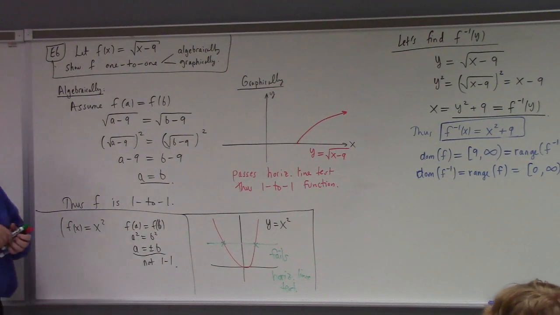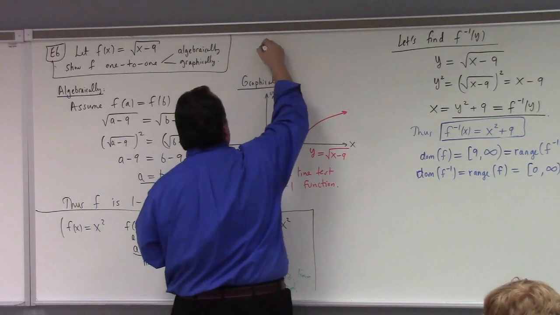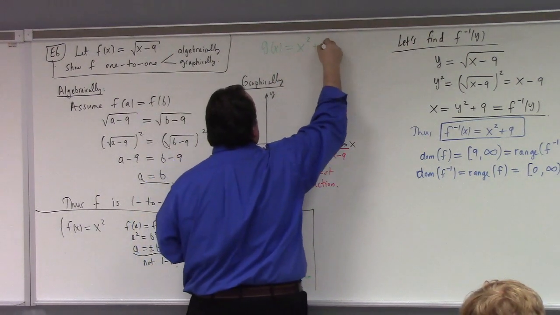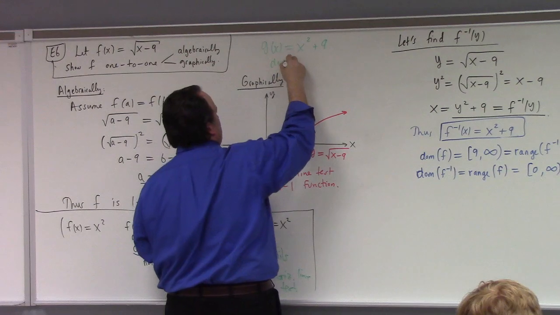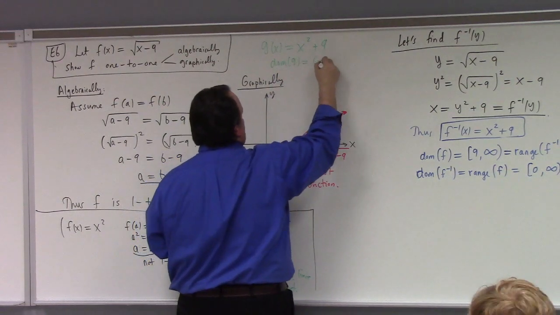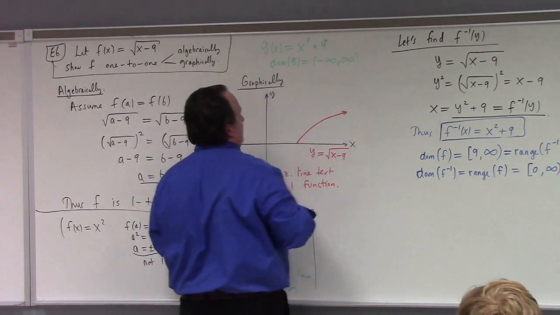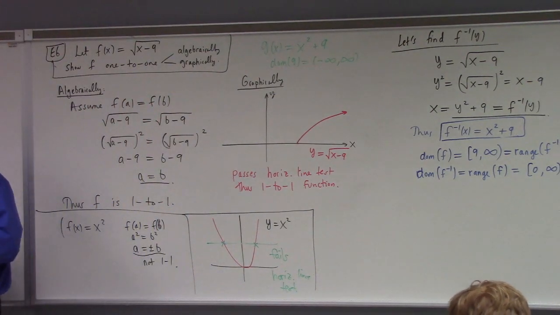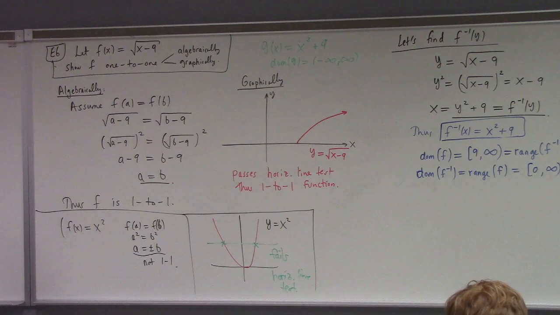If I just pull out of my hat this equation, g of x is x squared plus 9, our custom is to say the domain of g is everything. But inasmuch as f inverse is the inverse for f, we can't let the domain be everything. It's only the non-negative x.